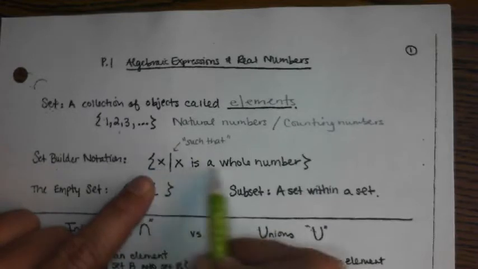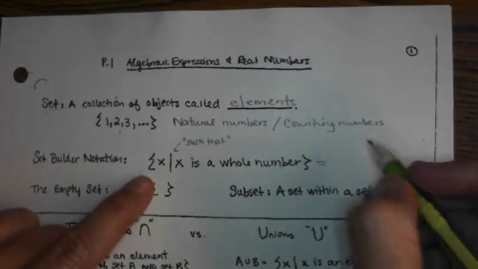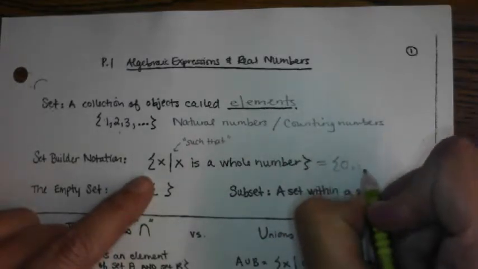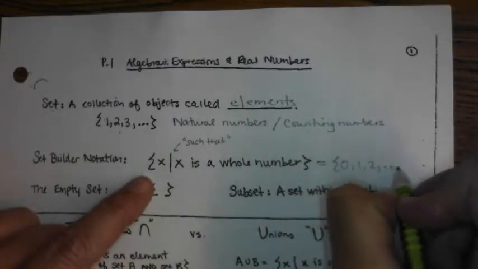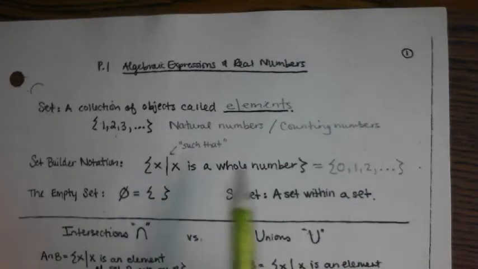So this set, the way it's written, is equivalent to this set, 0, 1, 2, comma, dot, dot, dot. Both of those are the set of whole numbers. This one's kind of given explicitly. This one's given lingually.